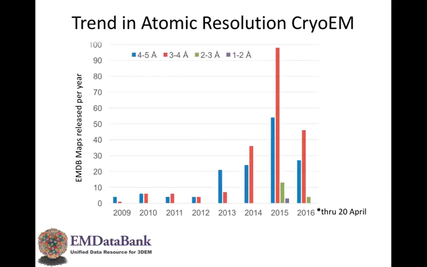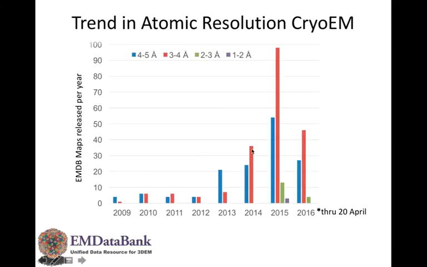In the last 3 years in particular, the field has had a sudden rise in resolution for cryo-EM structures solved, not only in our lab but in many labs around the world as well, as noted in these figures on the distributions of structures at atomic resolution between 5 and 2 angstroms.